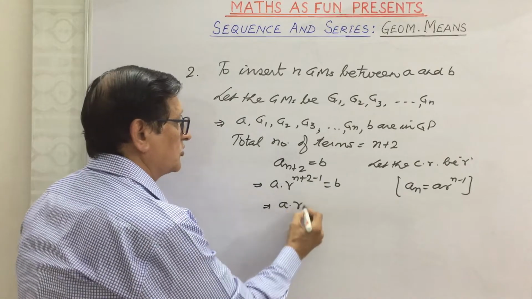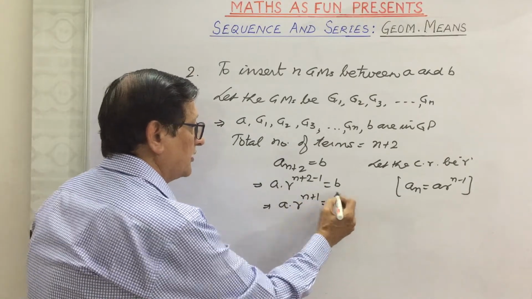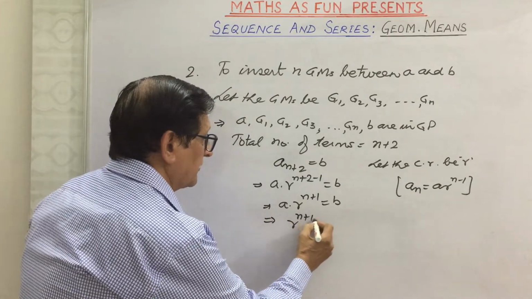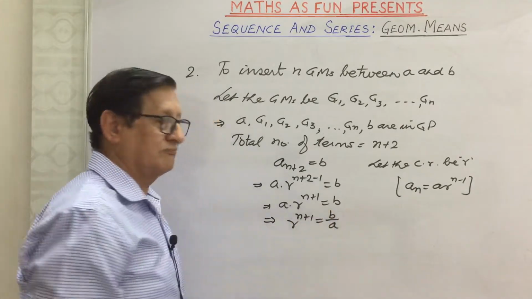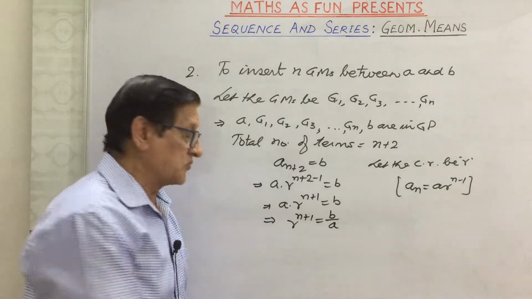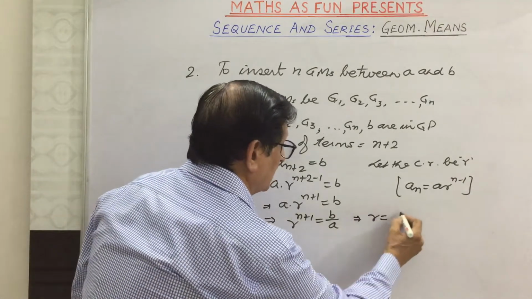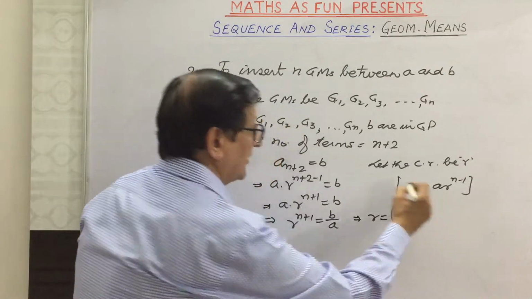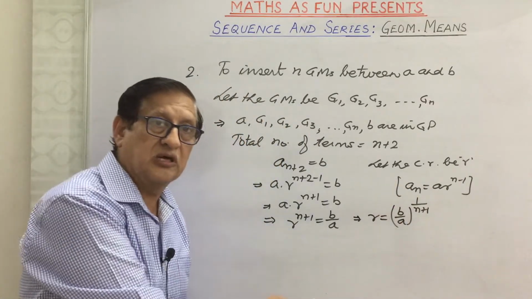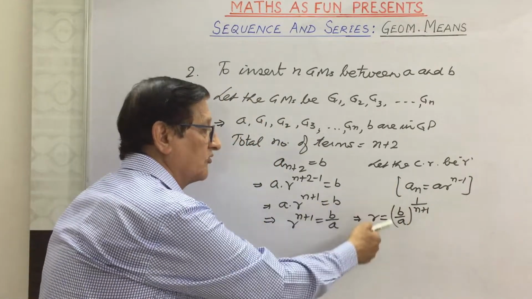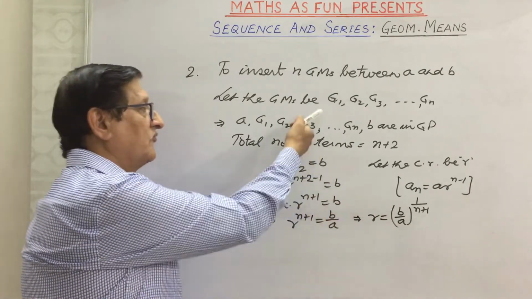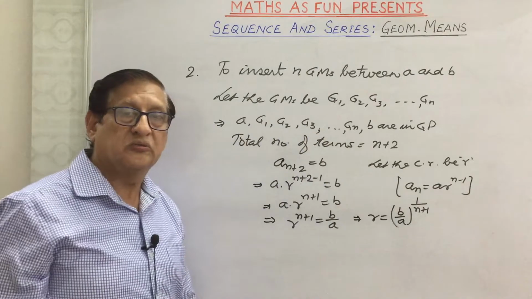So A into R power n plus 1 is equal to B. Then R power n plus 1 is B upon A. It means we can find the value of R as B upon A power 1 upon n plus 1, that is the n plus 1th root of B upon A.